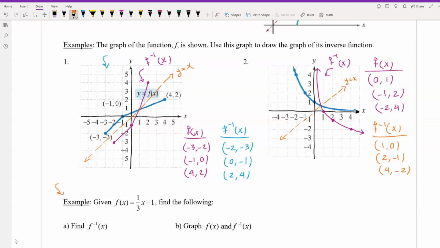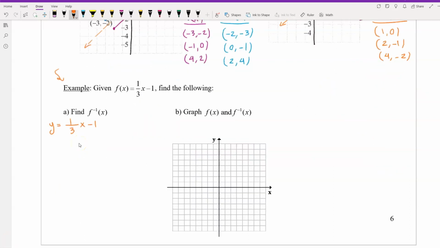And here in this example, given f of x equals 1/3 times x minus 1, find the following. Part A, find f inverse. Part B, graph f of x and f inverse. So y equals 1/3 times x minus 1, interchange x and y. So x equals 1/3 times y minus 1. Now solve for y, so the LCD is 3.